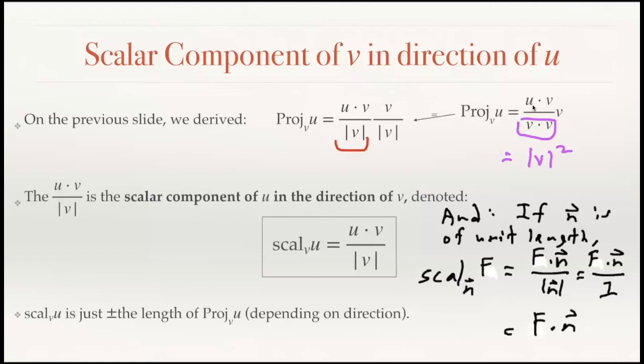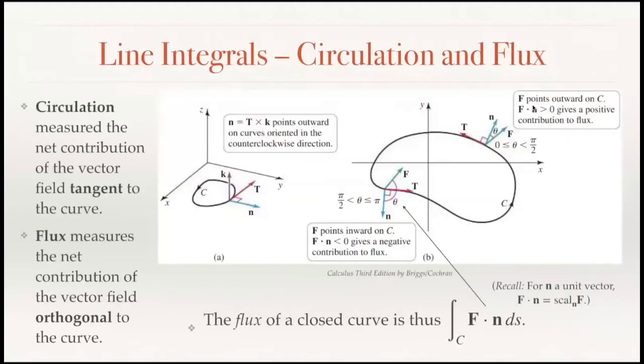And note that if n is a unit vector, which will be a normal vector to a curve, then the scalar component of a vector f in the direction of n, plugging in, would be f dot n over the magnitude of n. But if n is of unit length, that magnitude is 1, so we just have f dot n. We'll be using this right here.